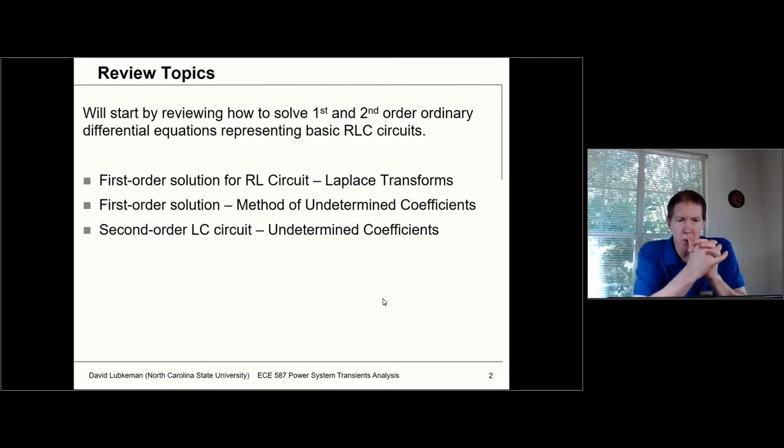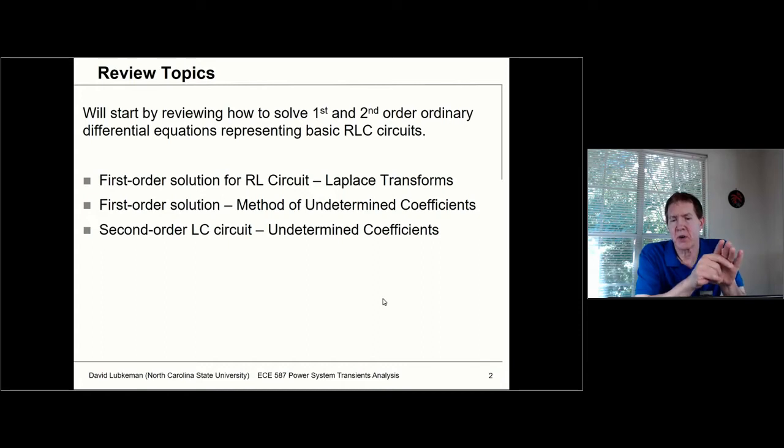So what I'm going to start with is reviewing the solution of first order equations using Laplace transforms. I'm actually going to be using another technique called undetermined coefficients in class, but there are a lot of textbooks that still use Laplace transforms, so it would be useful to know how to solve it both ways.